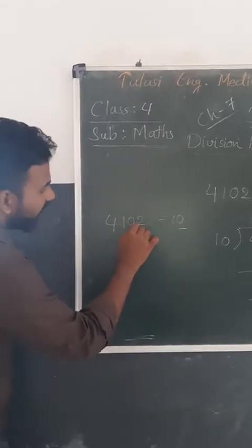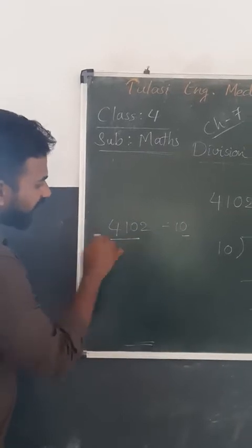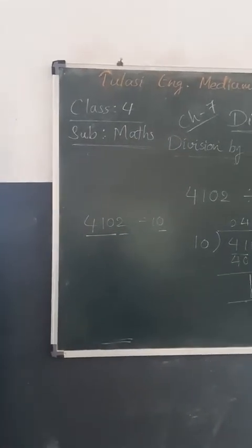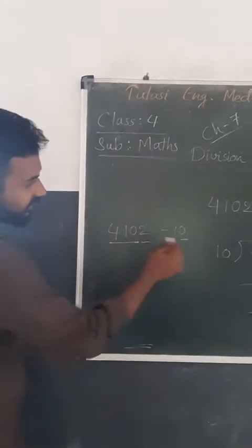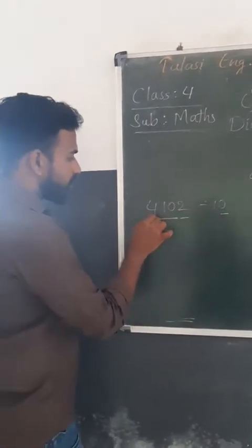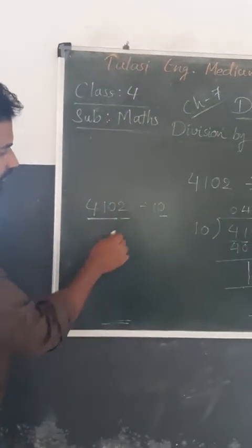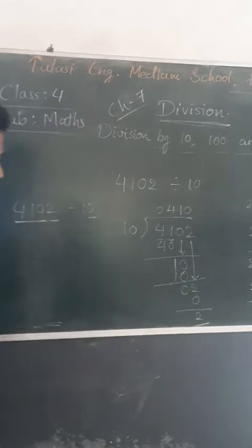410 will be the quotient and this 2 will be the remainder. So 410 is the quotient, 2 will be the remainder.